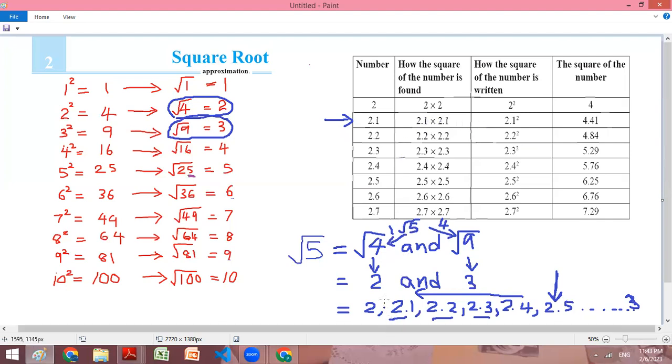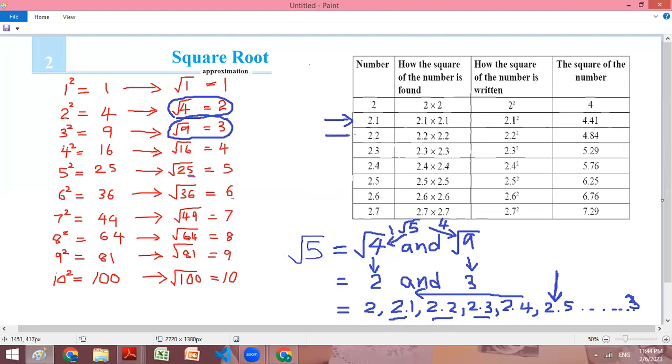Consider 2.1. We know that 2 is not fixed with the square root of 5. 2 into 2 is 4. But 2.1, we multiply 2.1 into 2.1. Then 2.1 squared: 21 into 21 is 441. With 2 decimal places, 4.41. But not close to 5.